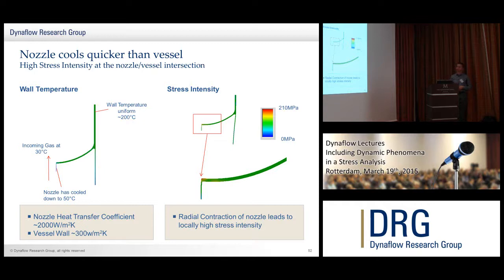You'll see that the nozzle is trying to contract inwards. You see here that it's not exactly straight. The nozzle is trying to contract inwards, but it's restrained by the stiffer vessel, which is remaining at 200 degrees. This is leading to a large stress intensity at the intersection between the vessel and the nozzle.